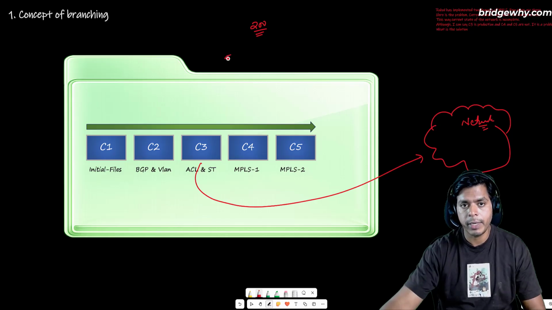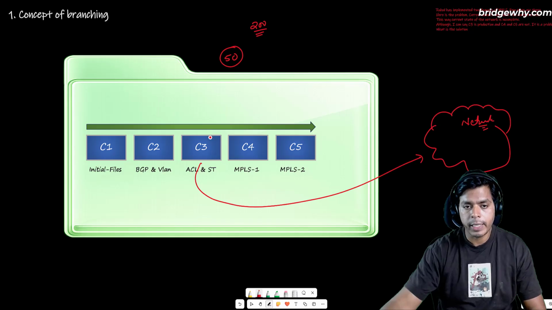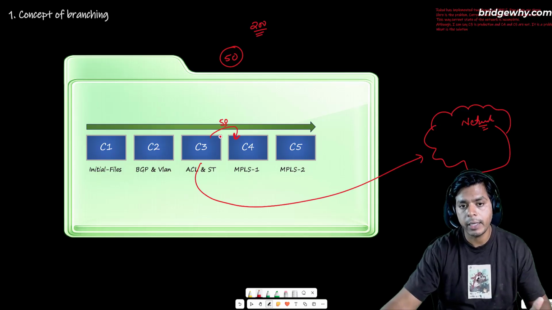Maybe he has implemented 50 lines. He doesn't want to lose his work, so he did a commit here. He mentioned that I am right now on C4 after 50 lines of code. He must be doing the staging first and then committing. So we have C4 commit, MPLS1.